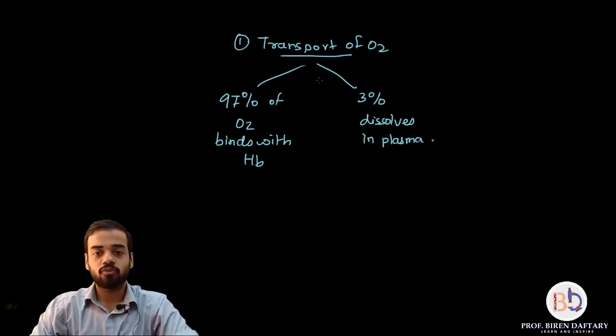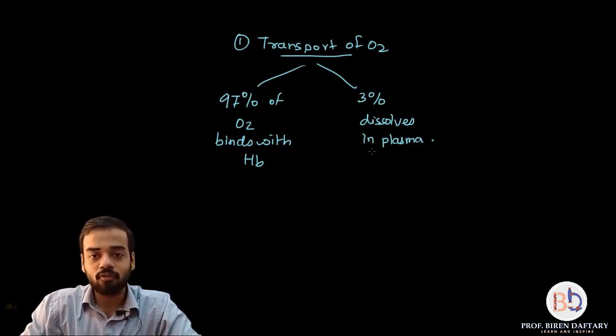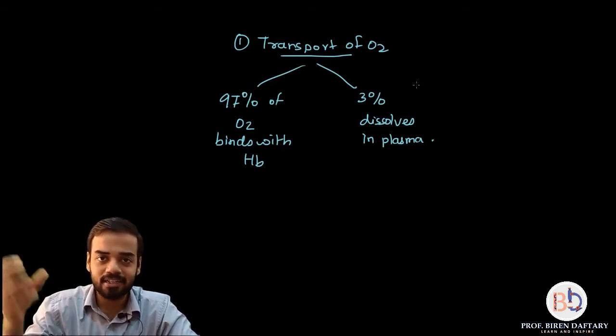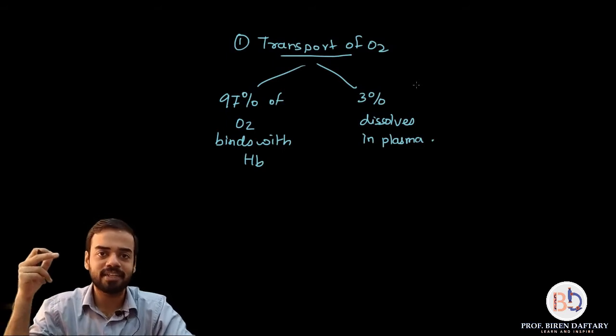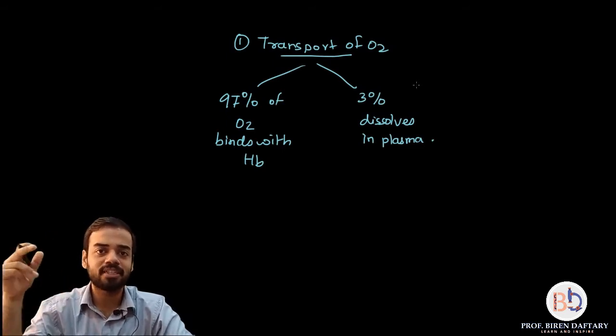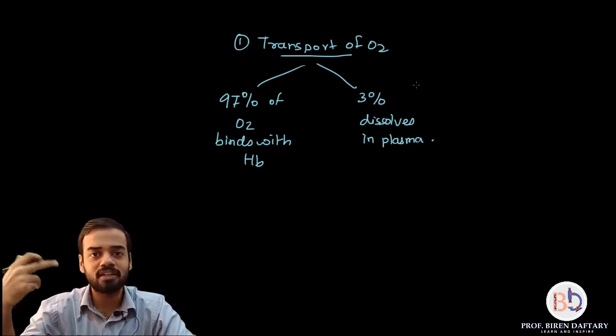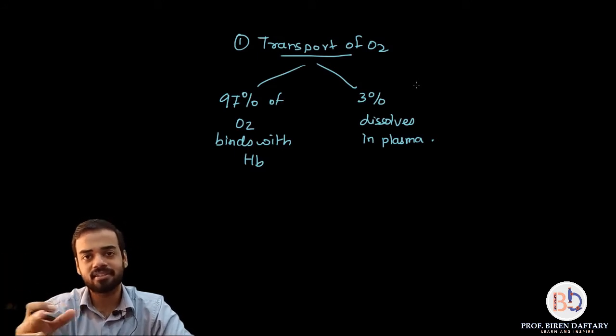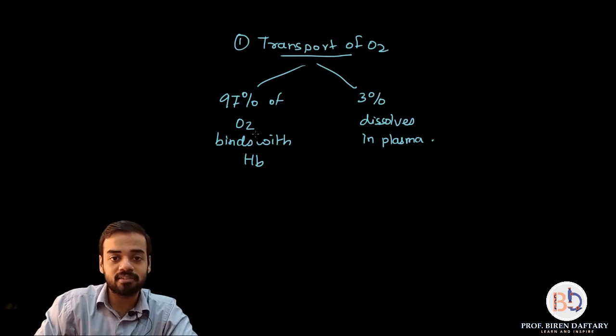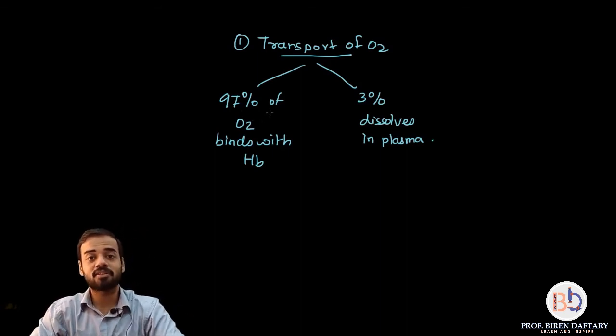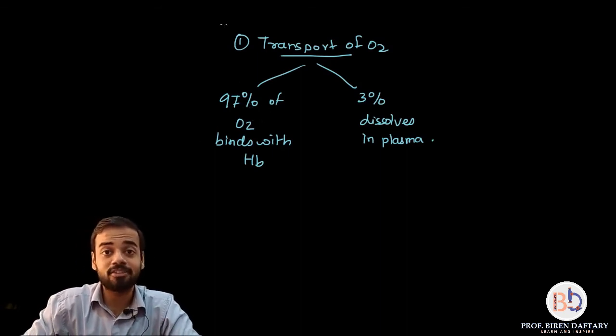This 3% forms a very low portion of transport. That oxygen will directly dissolve in the plasma, and the plasma will take it to the cells, and when it reaches the cells, the oxygen will diffuse out and enter the cells, and it will be used in respiration.